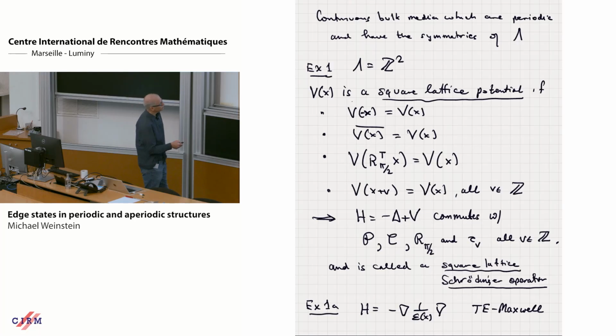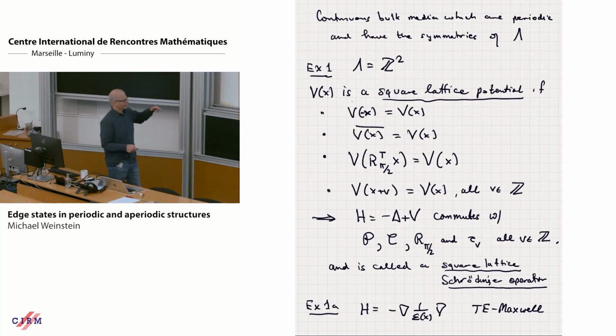That should be Z2. That is, the operator H commutes with P, C, rotation by pi over 2, and all the translations. And the same thing would hold for the Maxwell equation.